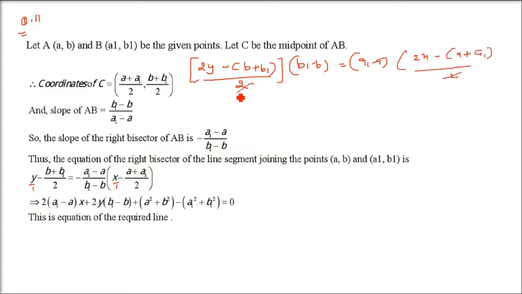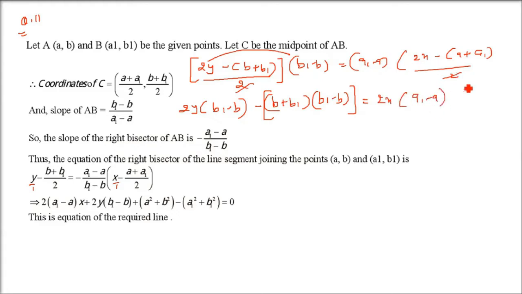The 2 you can cancel out. Now I'm going to multiply 2y with (b1 minus b). And then we have this multiplication, minus (b plus b1) and (b1 minus b).